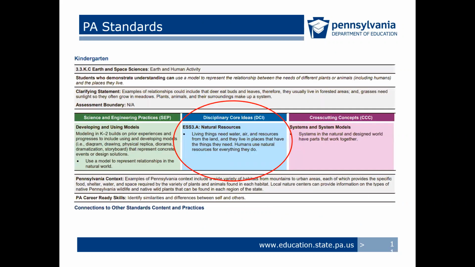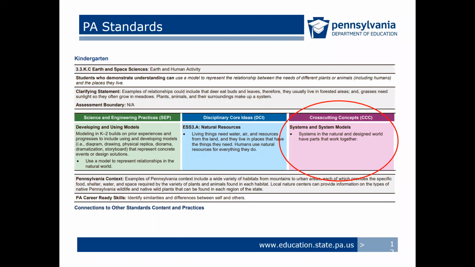The next box are disciplinary core ideas. This is pretty straightforward in that this gives a brief description of the content, the disciplinary core ideas within the standard. Students should be going further in depth in the content, but this is a great place to start. The third box are the cross-cutting concepts.